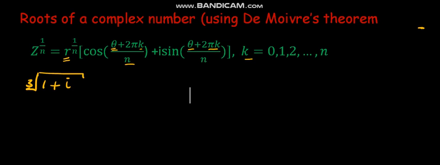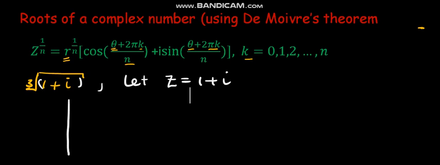But before we find the solution, we say let z be equal to 1 plus i. So we have to find its argument and its modulus.